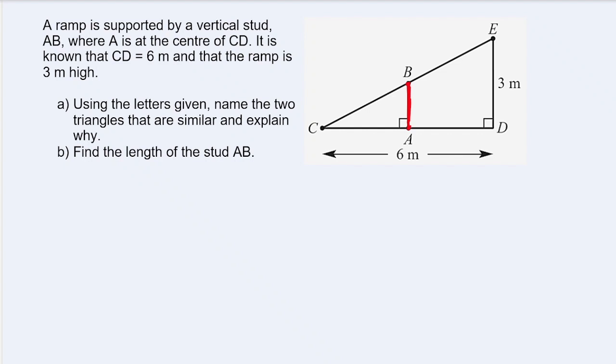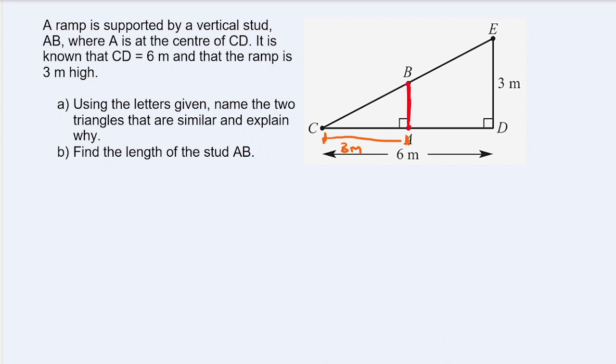So we can say that AC, this line in here, is going to be half of 6 meters, which will be 3 meters.